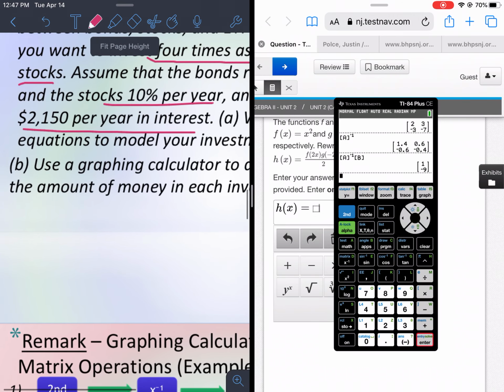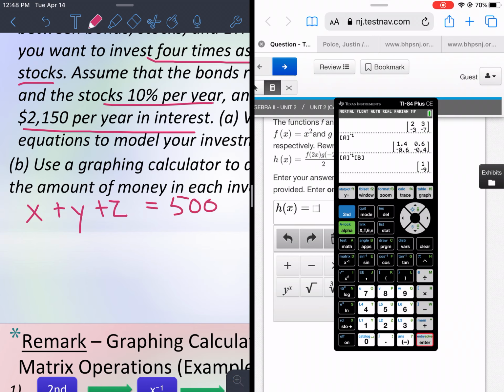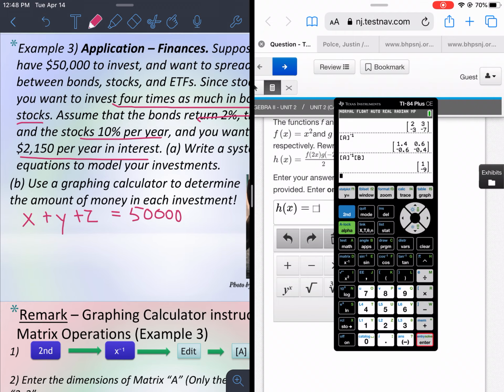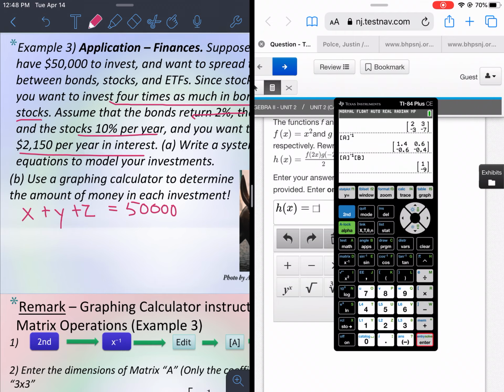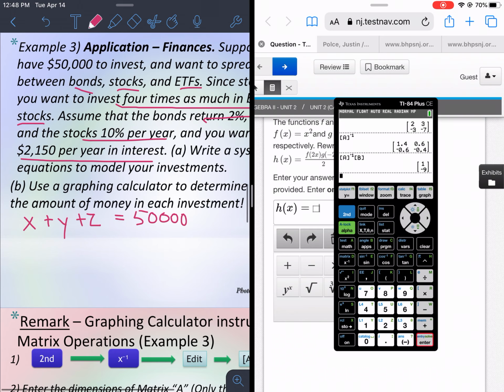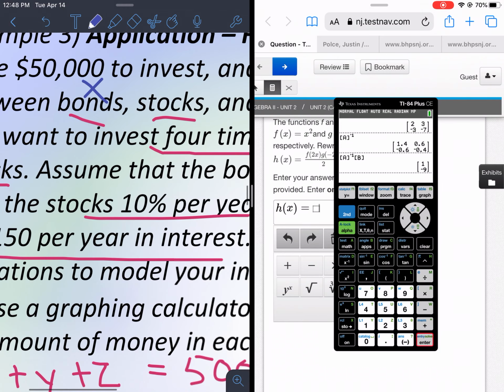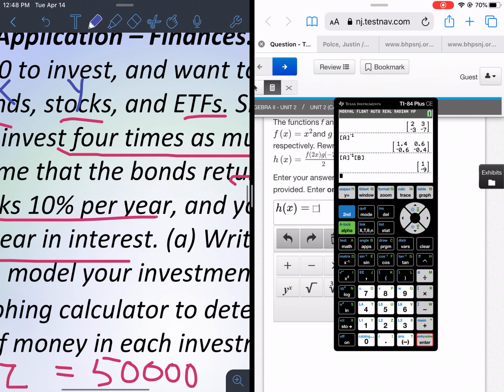So the first one, our investments in stocks, bonds, and ETFs should equal 50,000. Just the way that it's mentioned first, bonds, stocks, ETFs, let's let bonds be X, stocks be Y, ETFs Z.